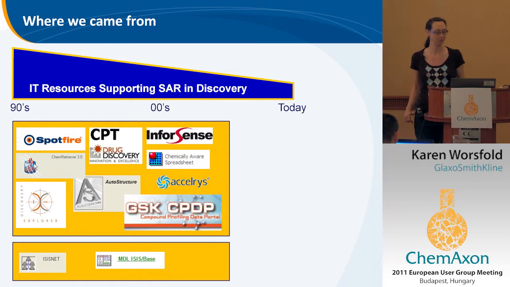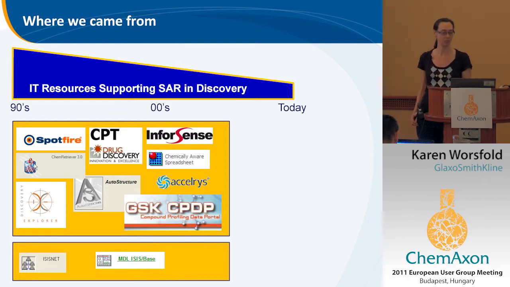So, a bit of background. A few years ago at GSK, back in the 90s at the edge of the slide, we had what felt, well, we now realise, was quite a lot of people in IT. We had a reasonable amount of money. We had lots of legacy applications from the different merged companies as well.